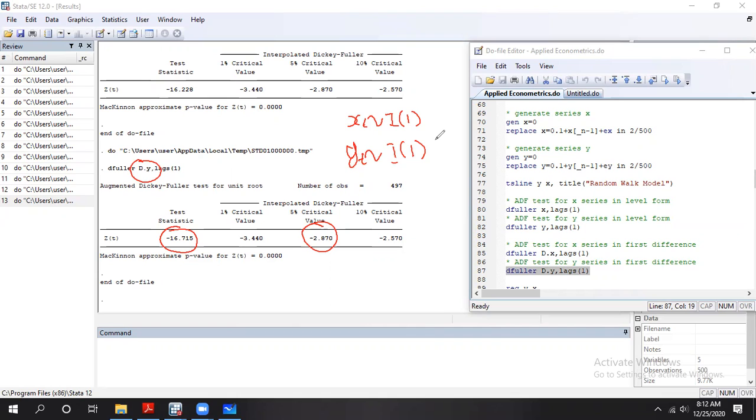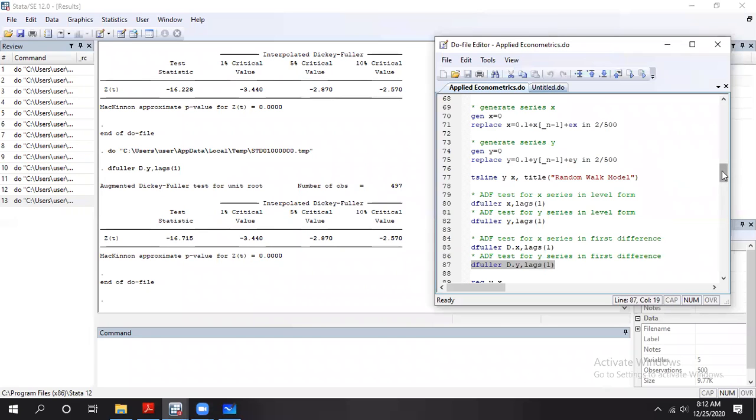Okay, let's see what happens if we regress Y_t and X_t in the level form.